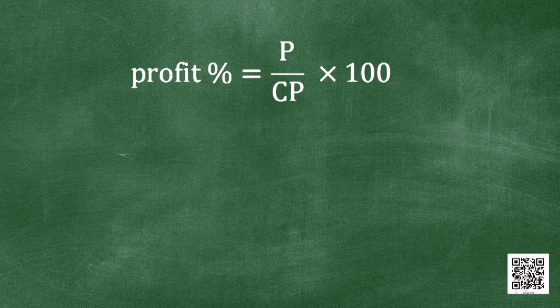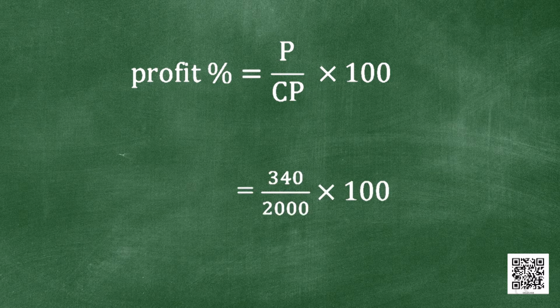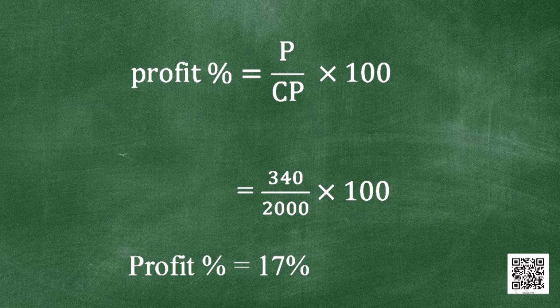So, profit percentage is equal to P divided by CP multiplied with 100, that is equal to 340 divided by 2000 multiplied with 100. So, on simplification, we get that as 17%. Students, therefore, the shopkeeper has made a profit of 17% on bulb business.